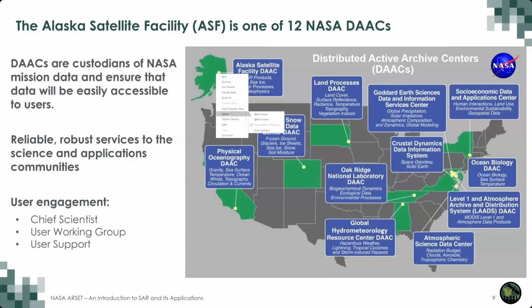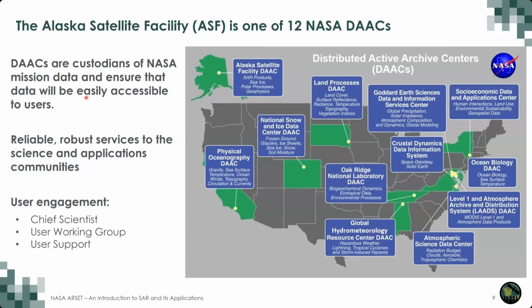We are located in Fairbanks, Alaska, and we are the DAAC for SAR, for Synthetic Aperture Radar Remote Sensing Datasets. The DAACs overall are custodians of NASA mission data or NASA-linked datasets, and they ensure that these datasets are kept safely and are easily made accessible to the science community.